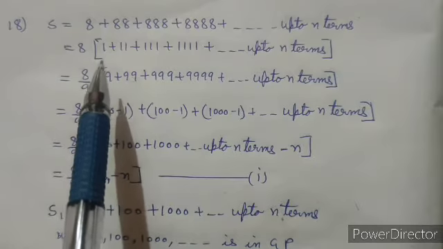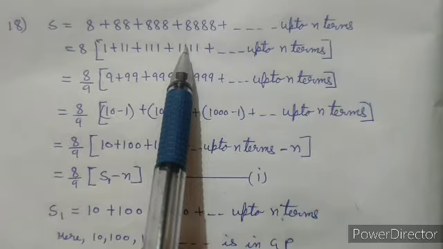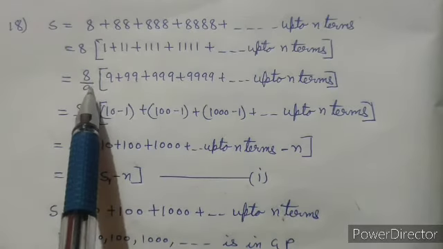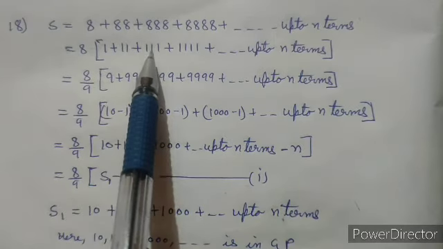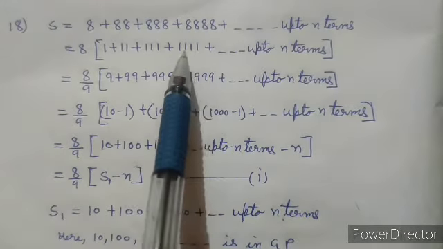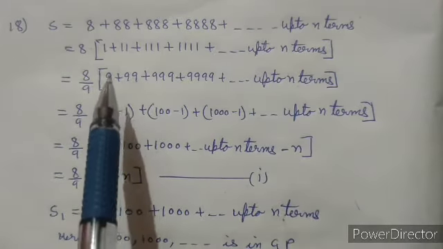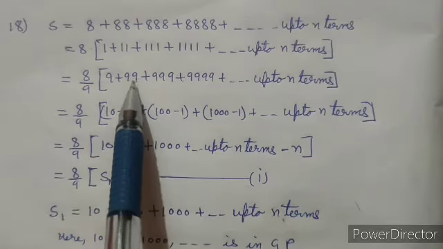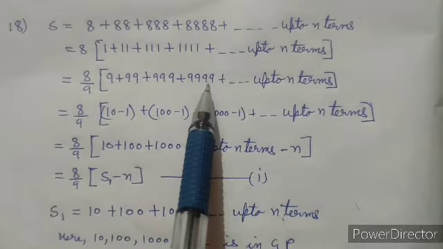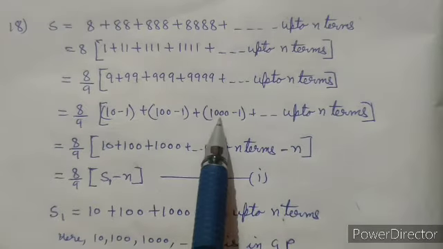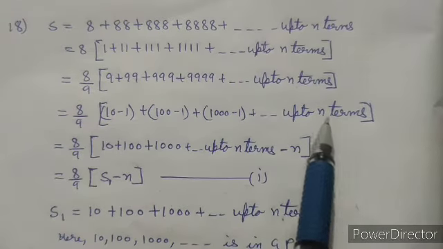Now on multiplying each term by 9, we will get this as 8/9 into (9 + 99 + 999 + 9999 up to n terms). Now 9 can be written as 10 - 1, 99 can be written as 100 - 1, and 999 can be written as 1000 - 1, and we have to find their sum up to n terms.